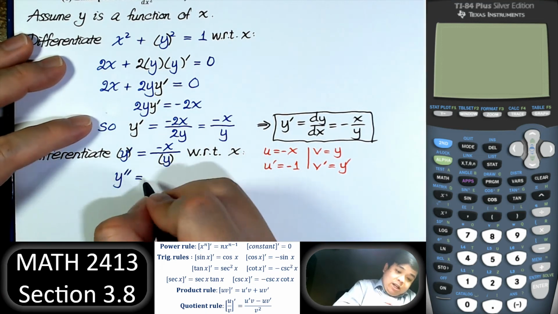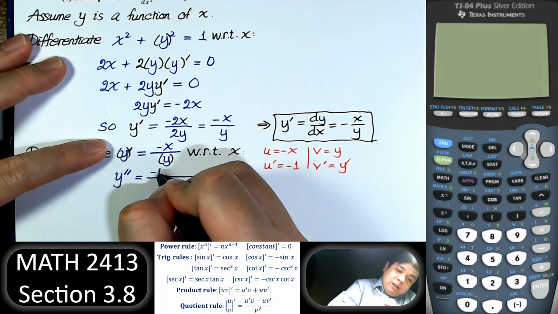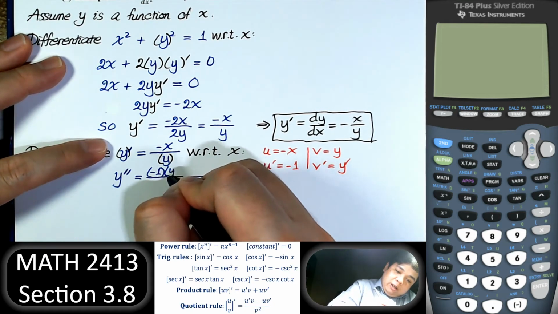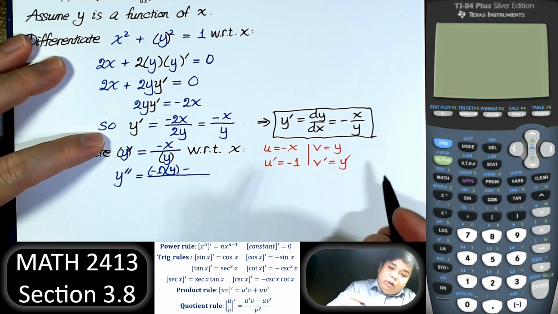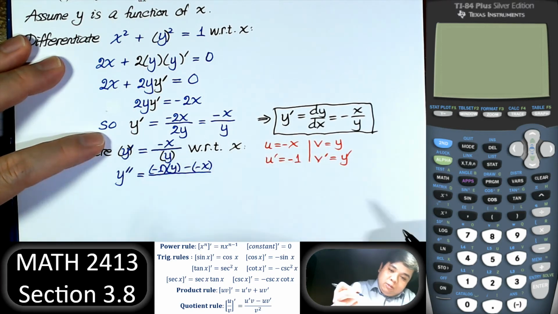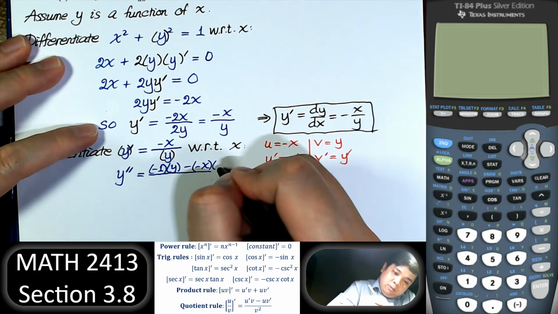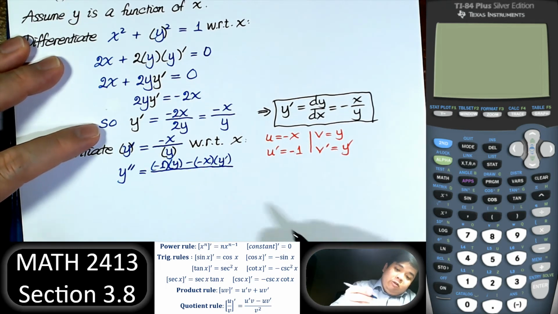So put everything in the quotient rule, u prime v minus u v prime over v squared.